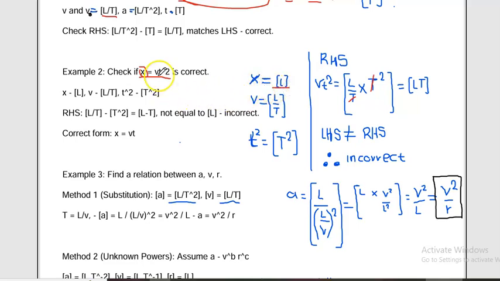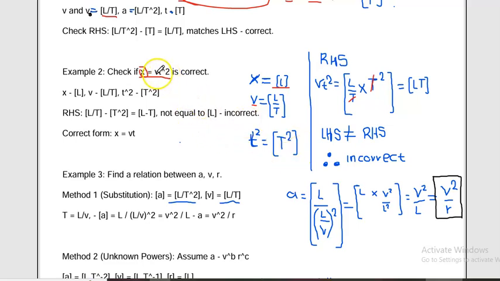We start now with the right hand side. We know that the dimensions for v is L over T, and the dimensions for t is T. In the equation we have t squared.